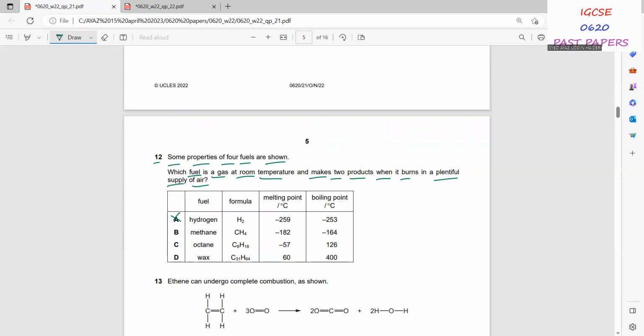Methane only exists in gas state at room temperature by looking at the melting and boiling point. Octane is liquid at room temperature and pressure, and wax is solid at room temperature and pressure. So B will be the right answer for this question.